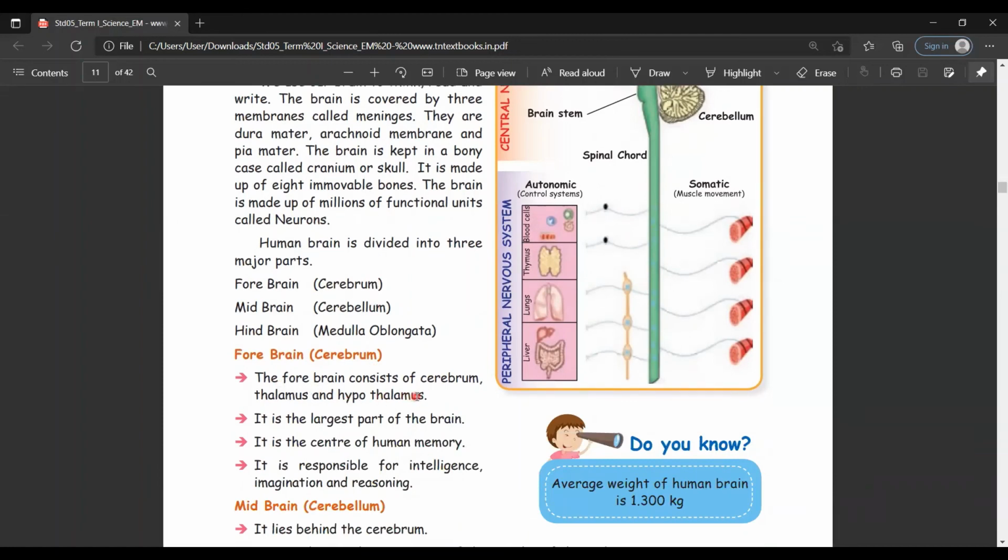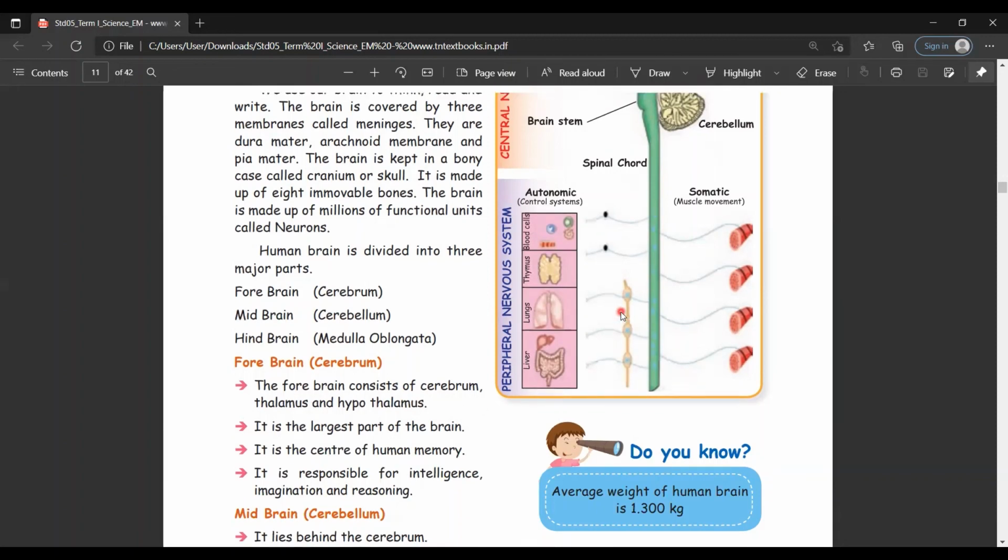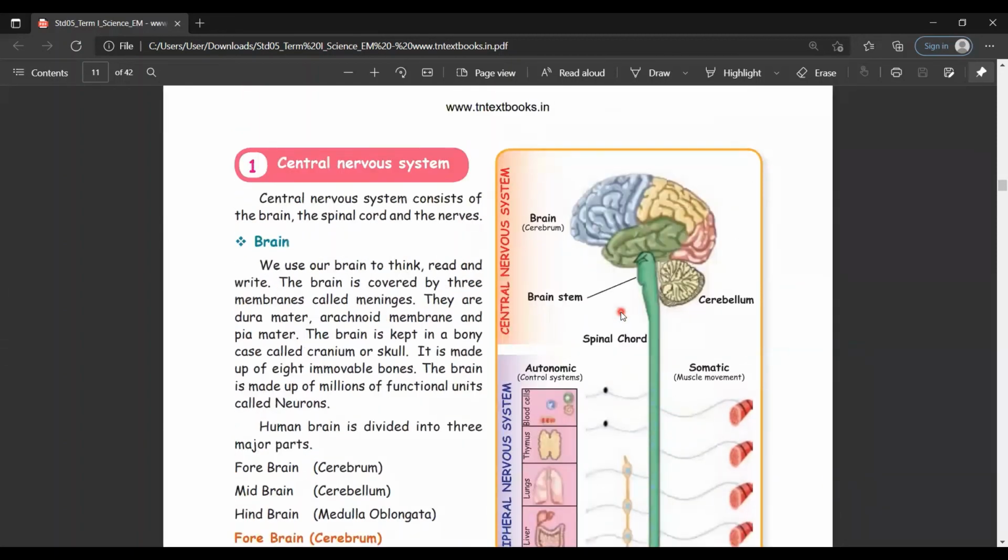So many new words are here. So please, whenever you find time, go through the textbook and practice daily. At least spend half an hour for science, for practicing the diagrams. I'm not asking you to read daily. At least please practice the diagrams, mark the parts, memorize the parts. Say loudly so that you know the parts clearly. Okay, please do this, children.